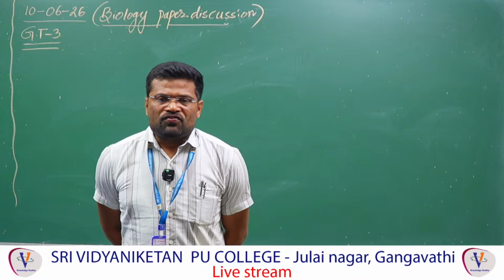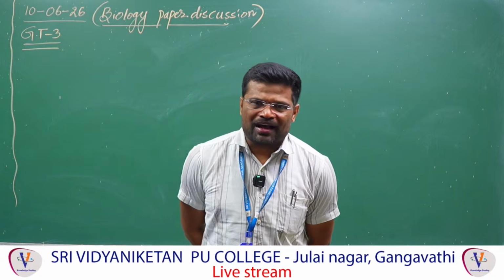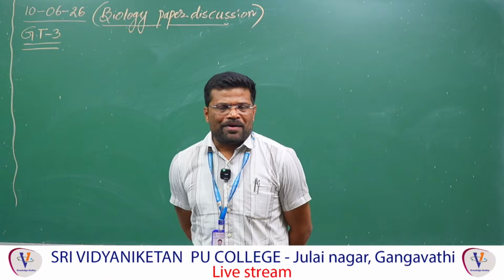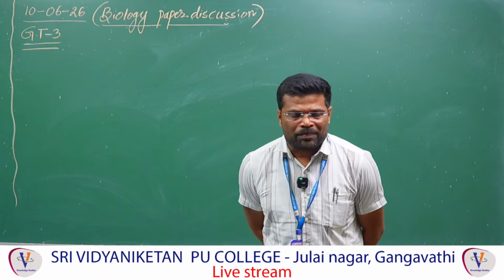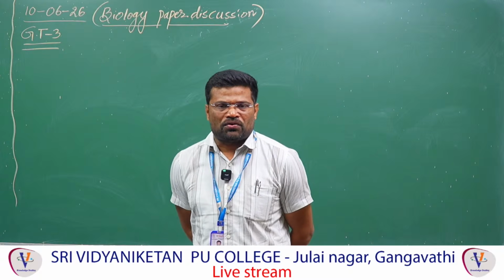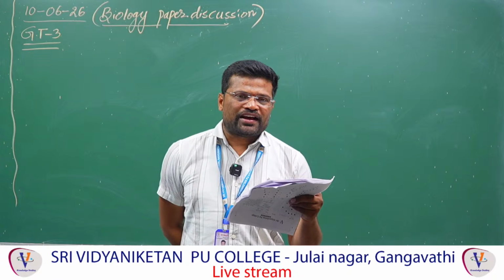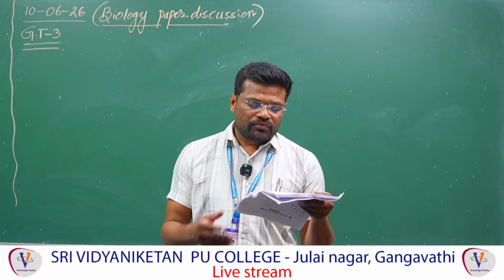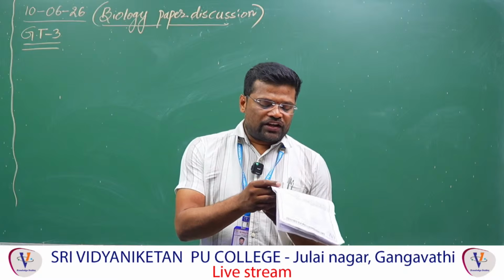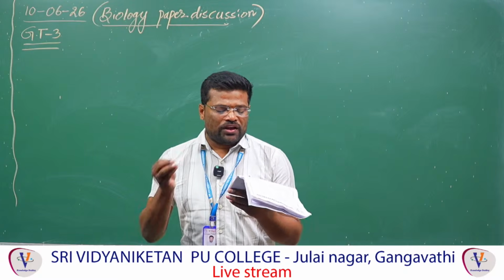Dear students, frog is a cold-blooded or poikilothermic animal. And frog cannot maintain constant internal body temperature. The body temperature changes with the temperature of its surroundings. Understood? So here A and D both are incorrect. Answer is 1.